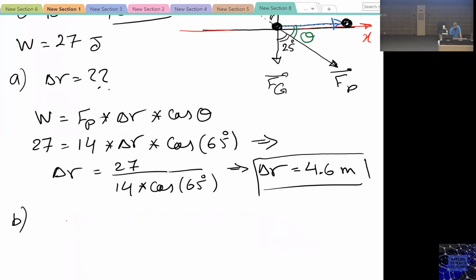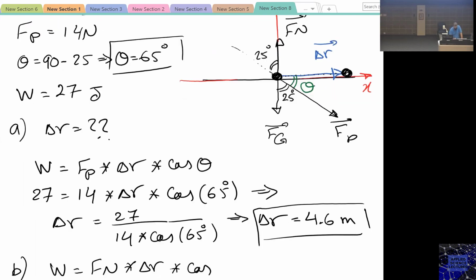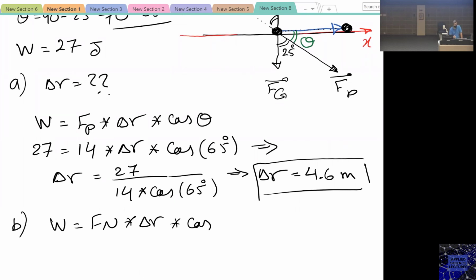Can somebody tell me what is the work done by the normal force on the lawnmower? How much is the angle between the displacement and the normal force? 90 degrees, right? This is the displacement along the x-axis, that's my horizontal surface, and I have my normal force perpendicular to that surface.